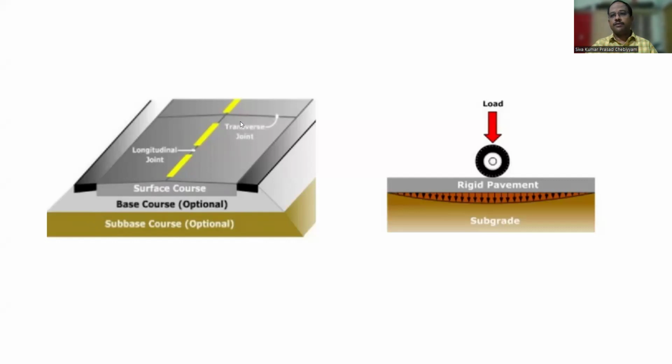The top course, the bearing course or surface course, is made out of cement concrete. You can see the pressure distribution here. Under the wheel, the pavement is trying to deflect, just like a load acting on a beam, because they offer a lot of flexural resistance.